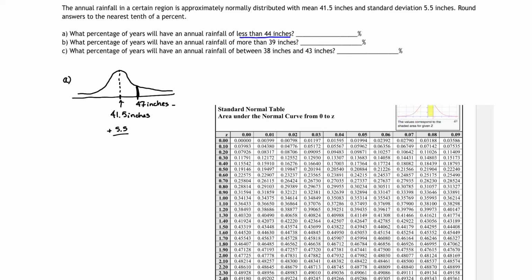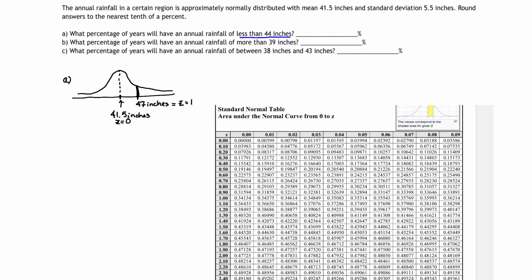That actually happens to be where our z value equals 1. So far I have my z equals 0, which is right here sitting at 41.5 inches. That's where my z equals 0.